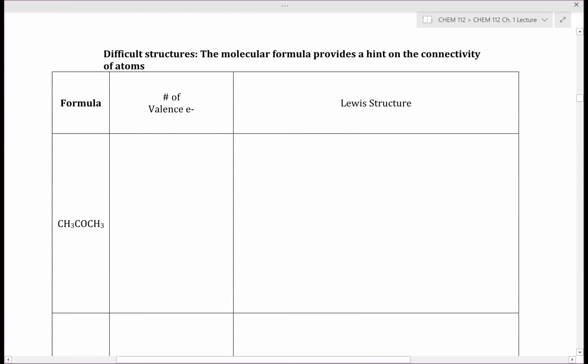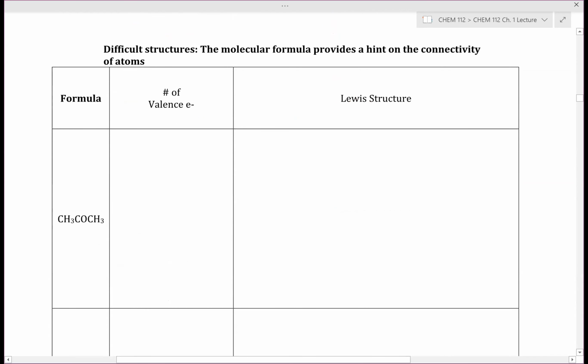Okay, let's try to draw Lewis structures for slightly more difficult chemical formulas. In this case, I'm starting to introduce you all to the idea of condensed formulas. What this means is if you read the chemical formula from left to right, it gives you a hint on the connectivity of the atoms involved.